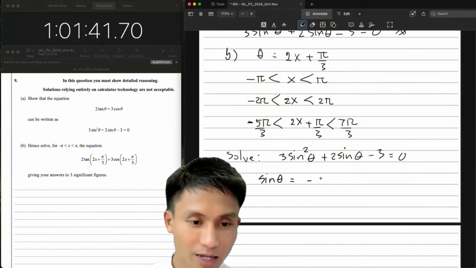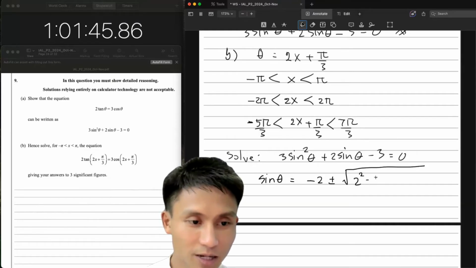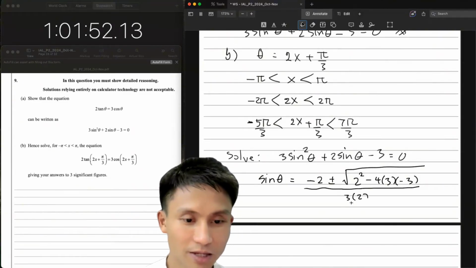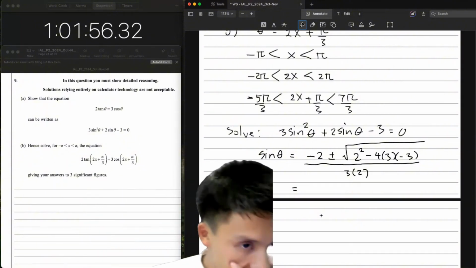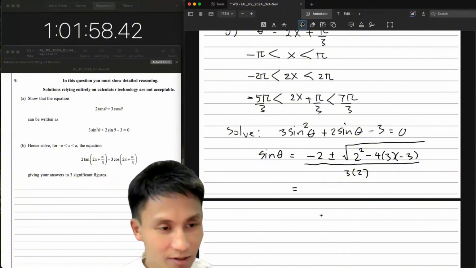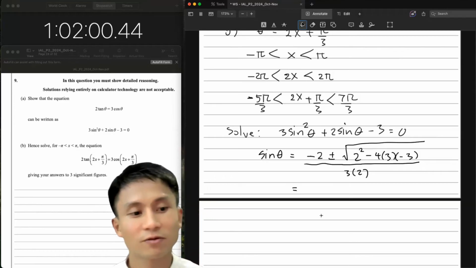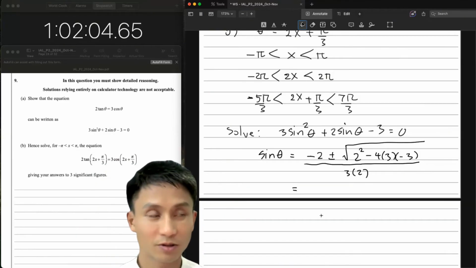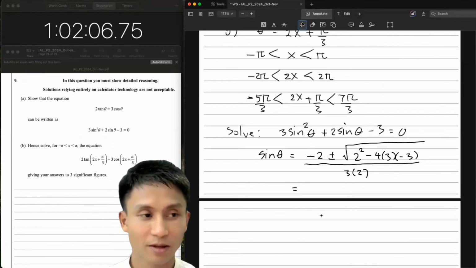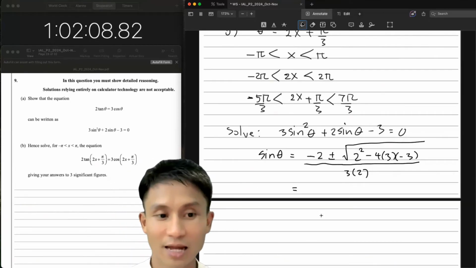Okay, so minus b plus or minus square root of b squared minus 4ac, all divided by 2a, yeah? Okay, so in the square root, that's all positive there. 4 times 3 is 12. 12 times 3 is 36. 36 plus 4, because 2 squared is 4, is 40. 40 is basically 2 root 10.